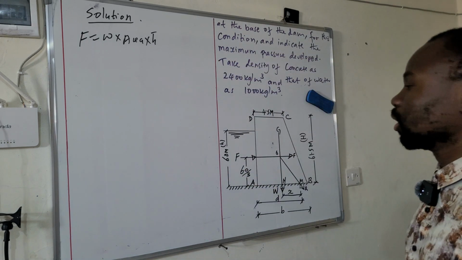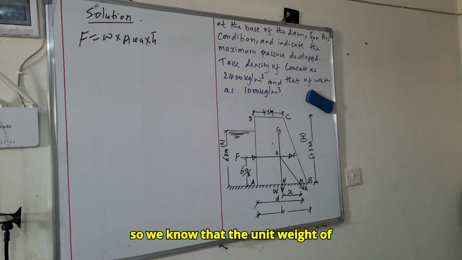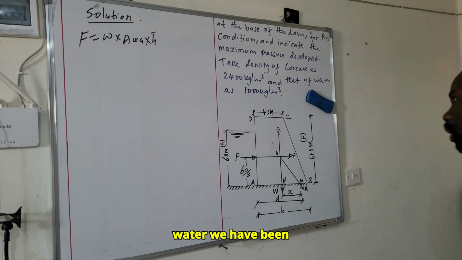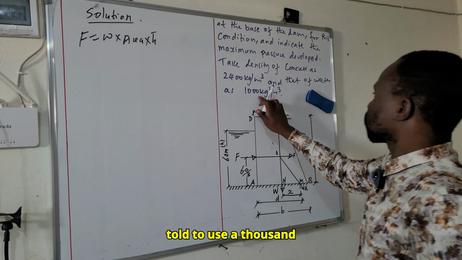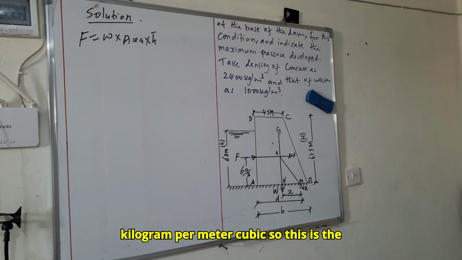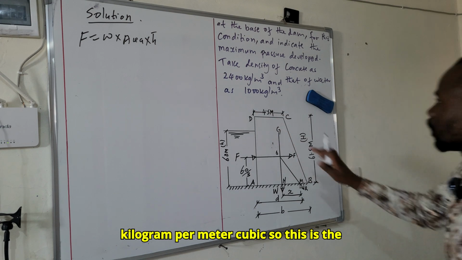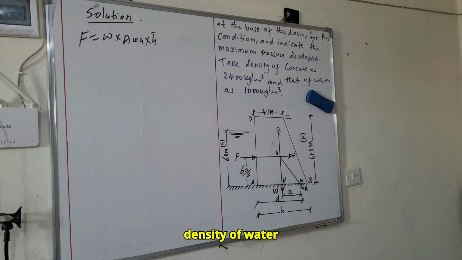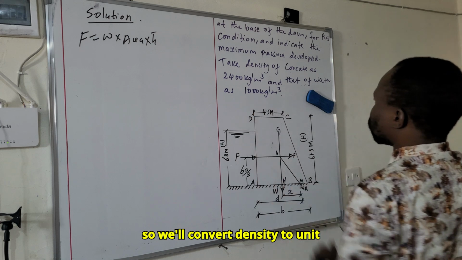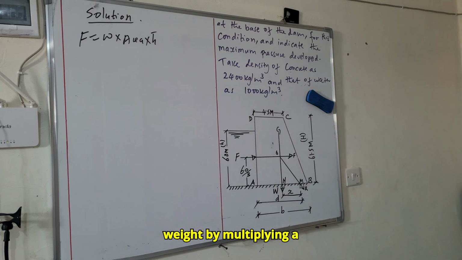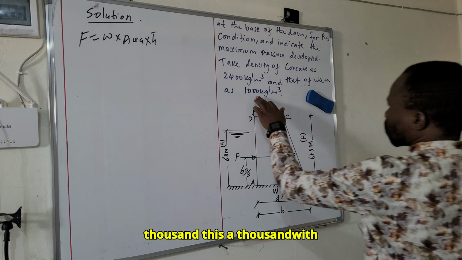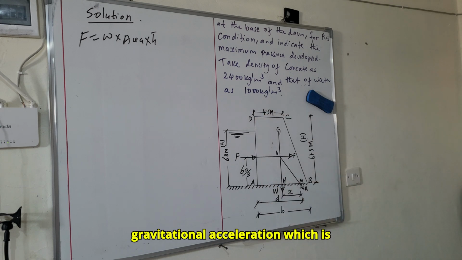We know that for the unit weight of water, we have been told to use 1,000 kilogram per meter cubed. This is the density of water. So we'll convert density to unit weight by multiplying this 1,000 with gravitational acceleration, which is 9.81. So let's proceed.